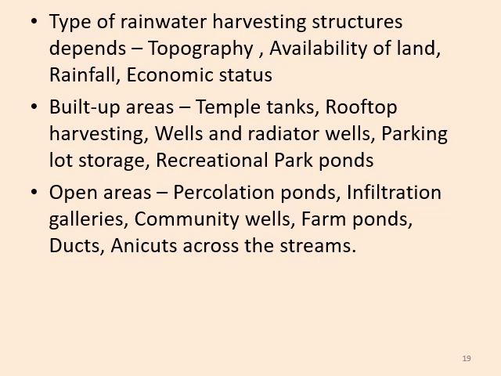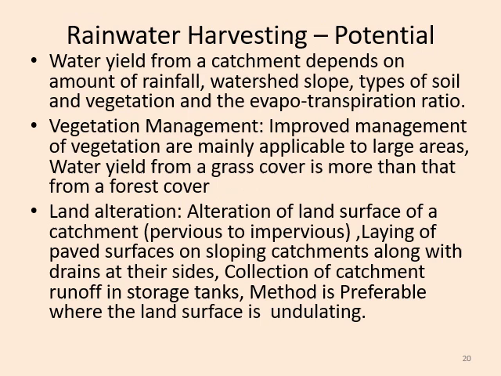And in open areas, percolation ponds, infiltration galleries, community wells, farm ponds, ducts, and aqueducts across the streams can be constructed. So there is a huge potential in rainwater harvesting methods.